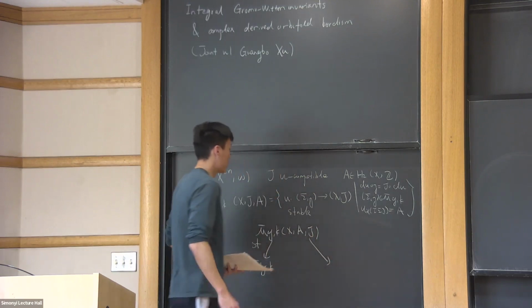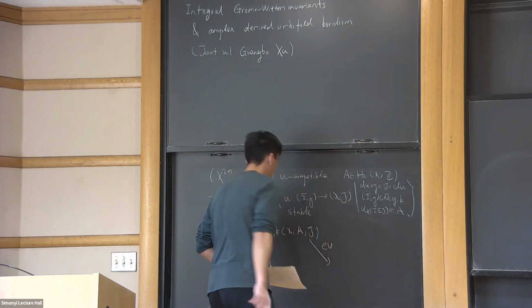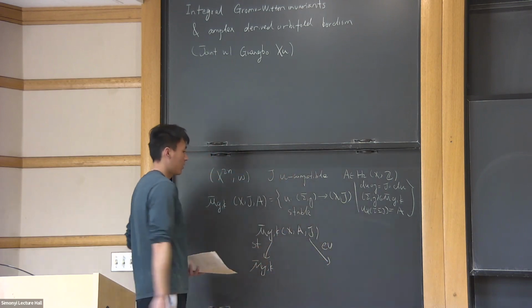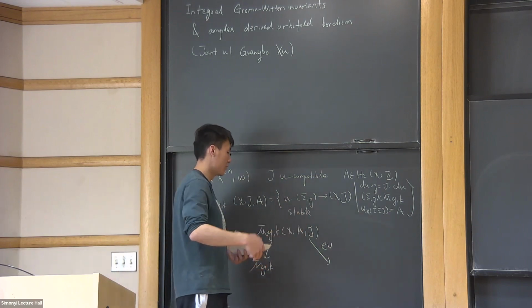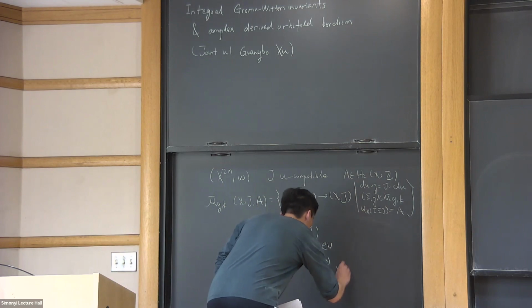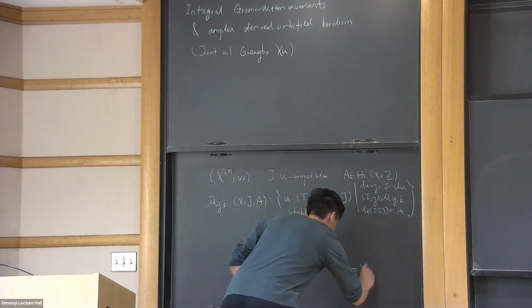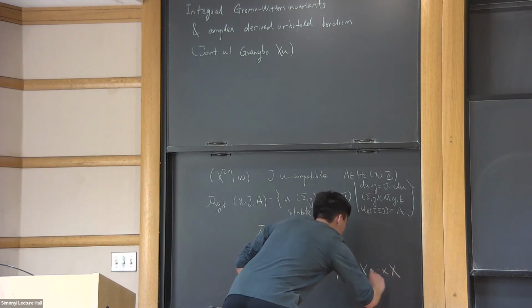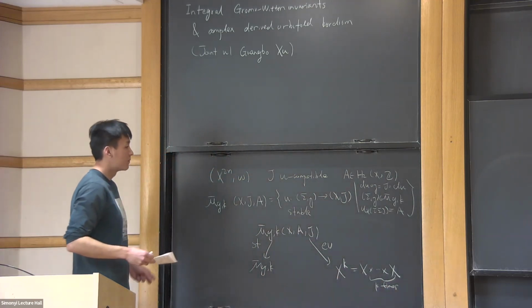There's another map, which is called the evaluation map. Because our curve has k marked points, we can look at the value of this curve at those marked points, and that defines a k-tuple of points in our target manifold. So this is just a k-fold product of the manifold. This is our moduli space.